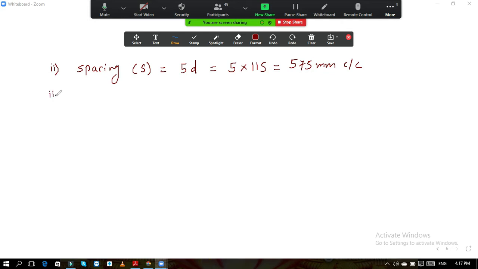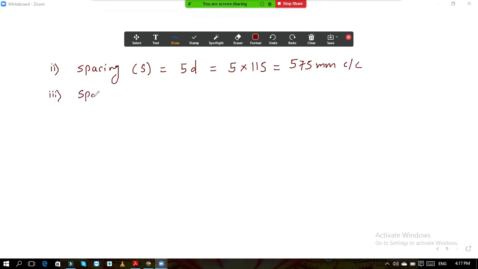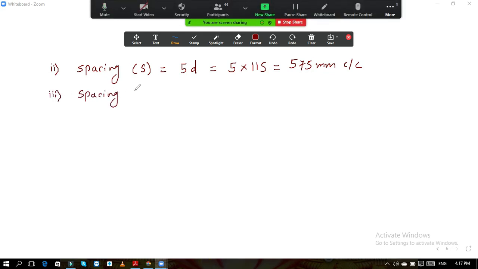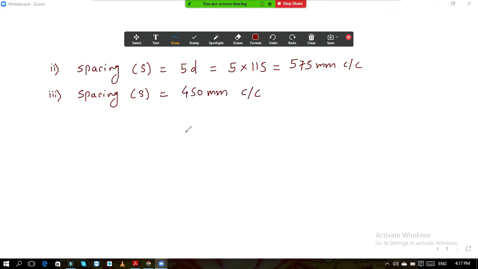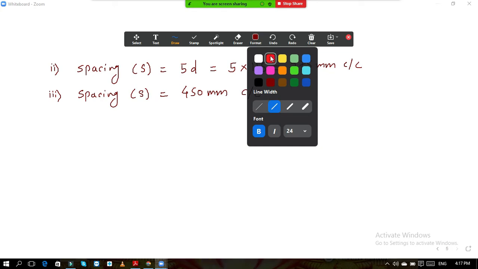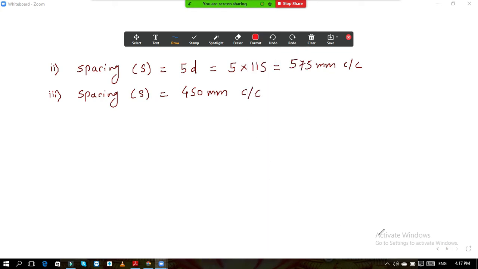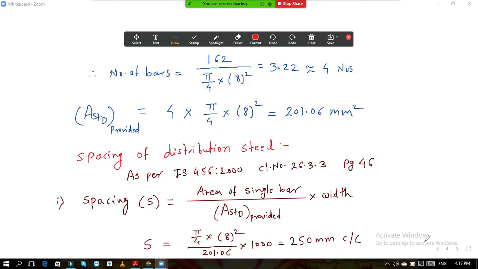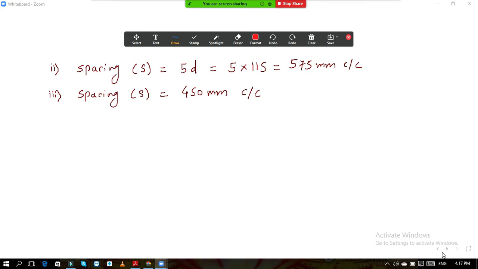The third condition is that in no case spacing should exceed 450 mm center to center. Finally we will choose the minimum value, and the minimum value is 250 mm.